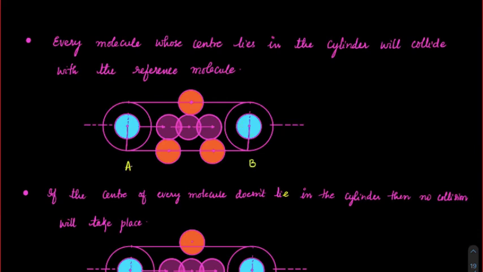My object is to find out how many collisions it does. If I have to find how many collisions it does, imagine this reference molecule while it is moving. If any particle's center is inside this cylinder or exactly at the surface, it will definitely make a collision.